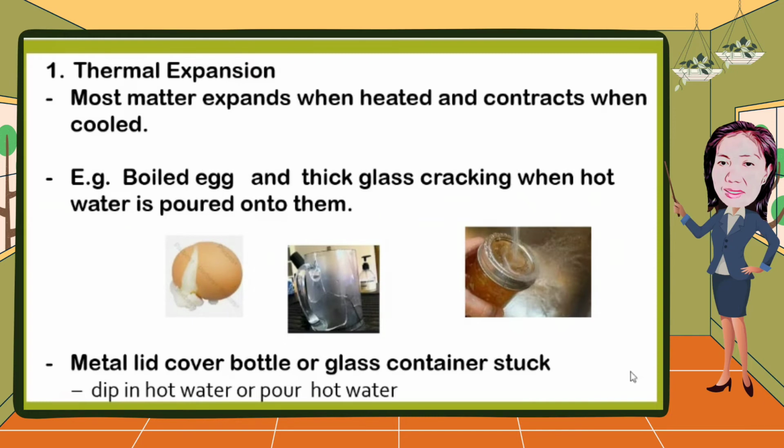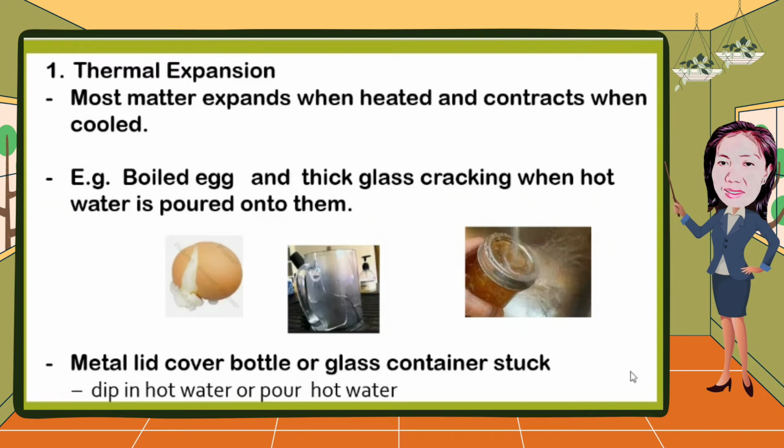Okay? The same thing will happen to the particles of glass. So what happened to the particles of glass is it will gain kinetic energy. So the molecules will now start moving and will have a distance greater than before we add heat.